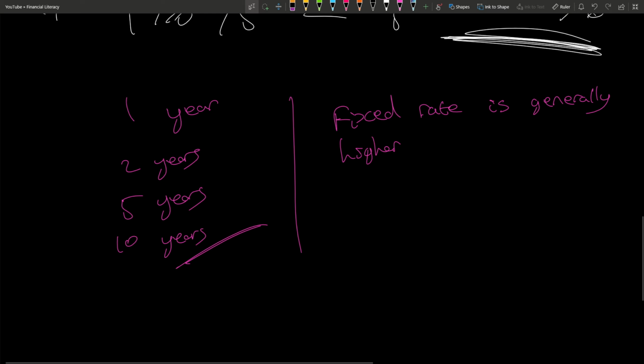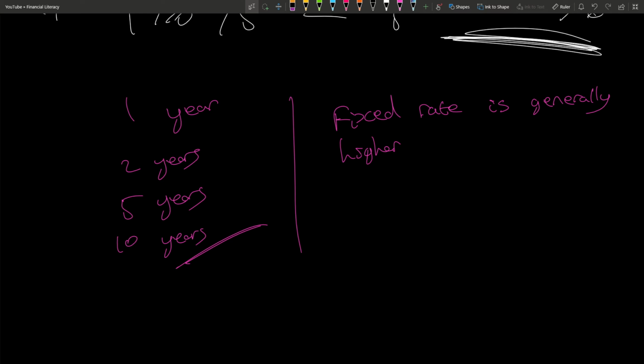But that doesn't mean it's going to be 3.5% the year after. It might bump up depending on how the economy is doing and what sort of stimulus packages they have to put into the economy to boost it up, for example. So fixed rate is generally higher at the start, but overall it can work out cheaper.